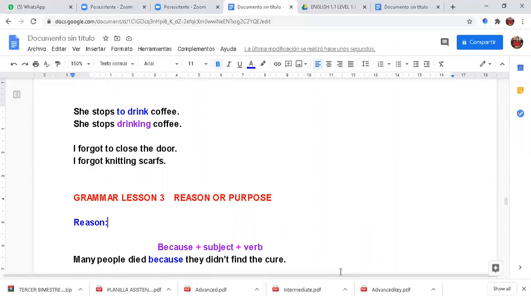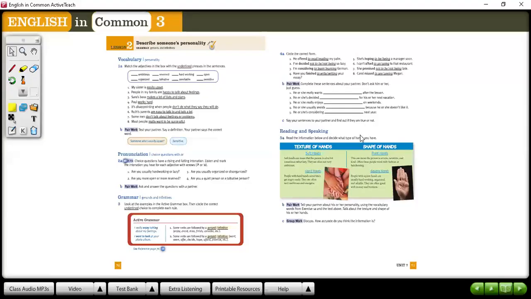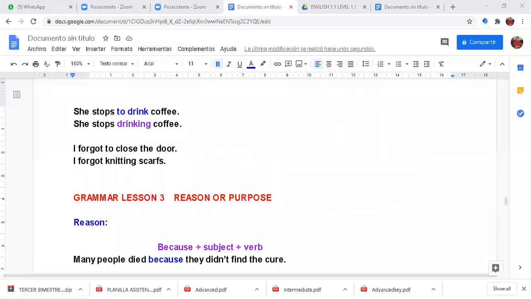Reason and purpose. That is lesson 3. That is lesson 3. Reason or purpose. Okay.